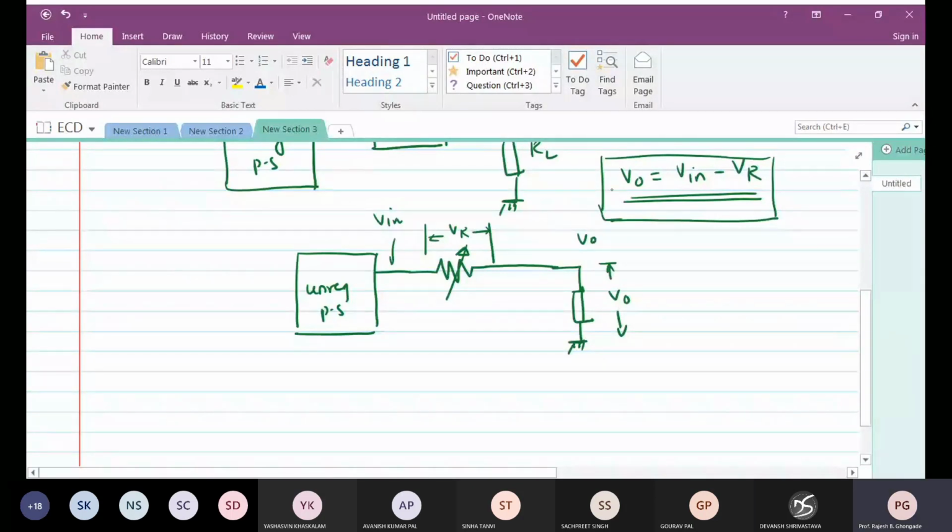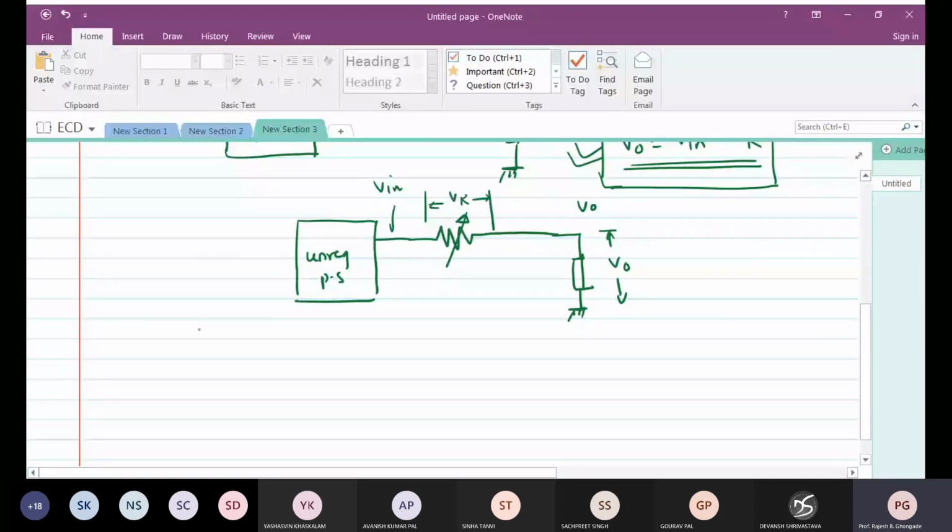So do you agree to this equation? Simple? Yes, sir. Okay. Now say for example, if the output voltage because of some reasons tries to go up, what can you do? Decrease VR or increase VR?